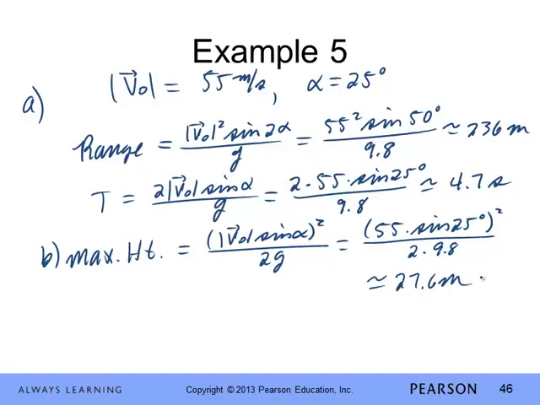Now, part C, though, is the one that takes a little bit of thinking. So let's just think about part C. At what angle should the ball be hit to reach a green that is 300 meters from the tee?